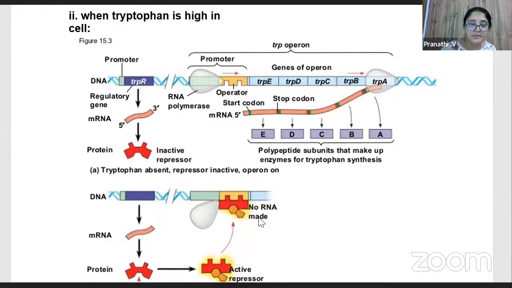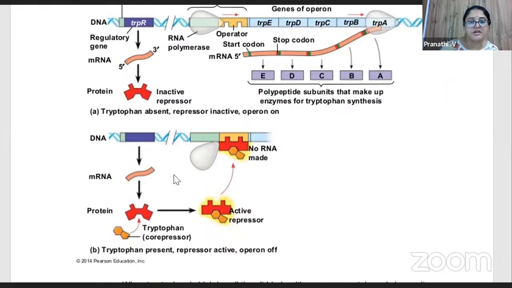When there is a high amount of tryptophan in the cell, what is going to happen? We have a regulatory gene which gives the synthesis of the inactive repressor. Whenever tryptophan is absent, the mRNA is synthesized.